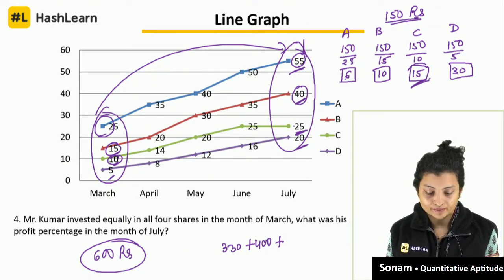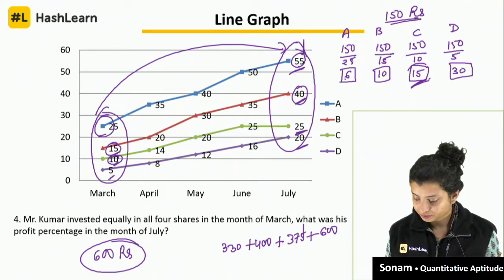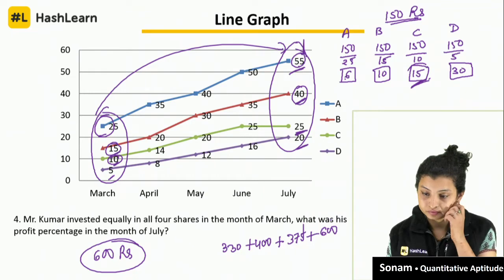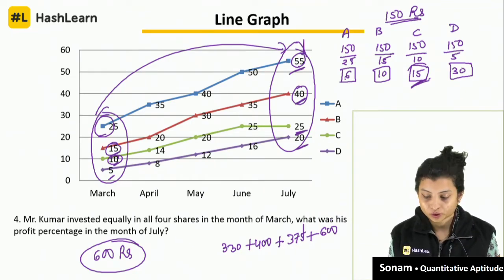So 25 into 15, that is 375, plus 20 into 30, that is 600, right?